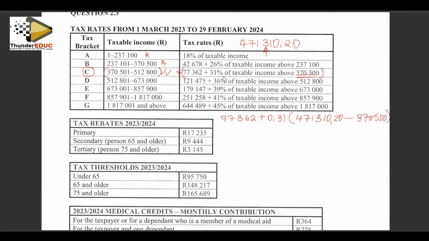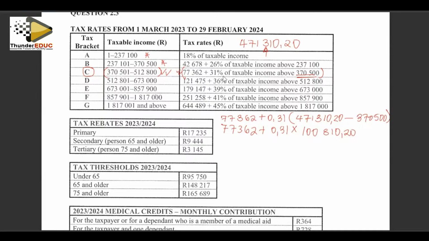To avoid getting wrong answers at this moment in time, you can put this into your calculator. All right, put it in your calculator where it is. Or you come here and get the answer that you have in the brackets. You have 100,810.20 cents.